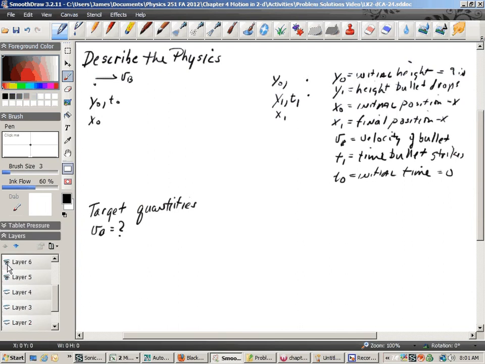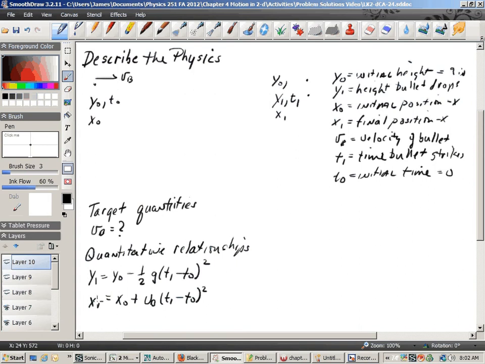Target quantity, or quantities. We are after only one here. We're after vb, the velocity of the bullet exiting the rifle, or muzzle velocity. What quantitative relationships do we need? Well, we need the time for the fall and the muzzle velocity.